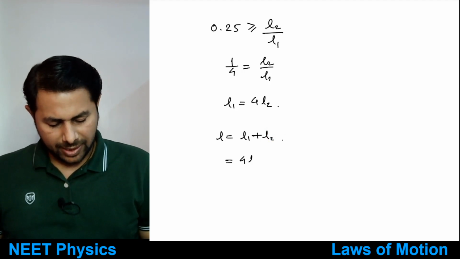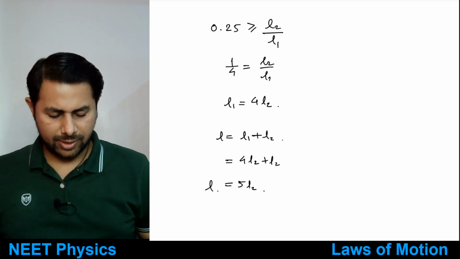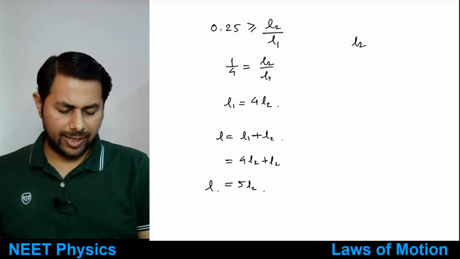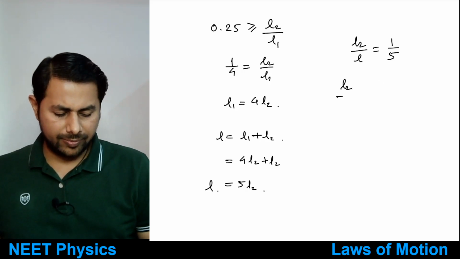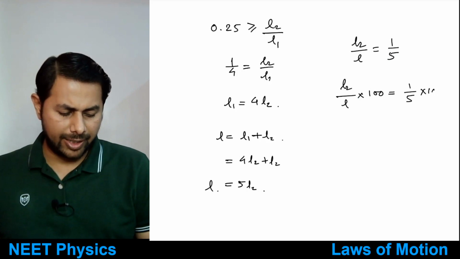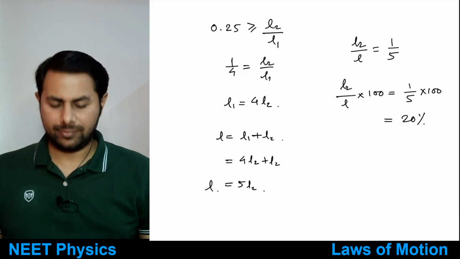So it is 4 times L2 plus L2, which means 5 times L2. So therefore what is L2 by L? It's equal to 1 by 5. That means how many percent? So L2 by L times 100 is equal to 1 by 5 multiplied by 100. So that is 20%.